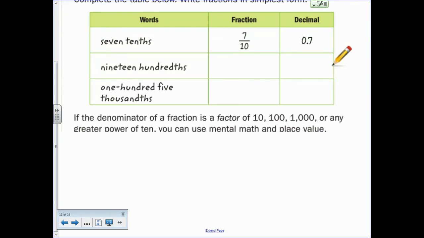I just want you to put that 7/10 is equal to 7/10, which is equal to 7/10.